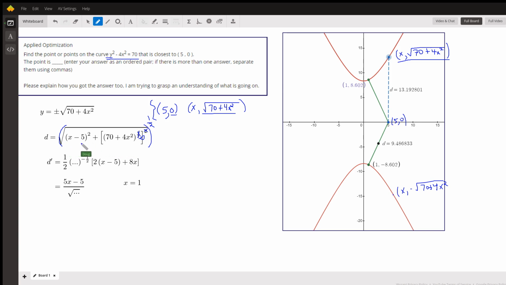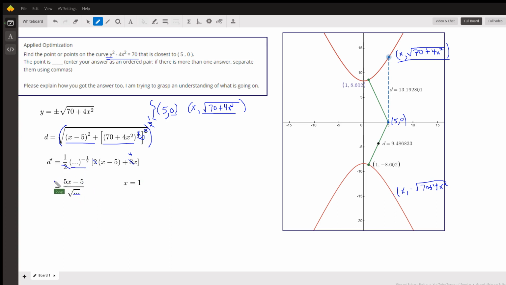Now, you could have expanded this binomial and combined similar terms, or you could take the derivative term by term. So the derivative of (x minus 5) squared is 2 times (x minus 5). The derivative of this is 8x. Notice that this 2 divides into both terms of the numerator. So we get x minus 5 plus 4x, which is 5x minus 5, over this radical.